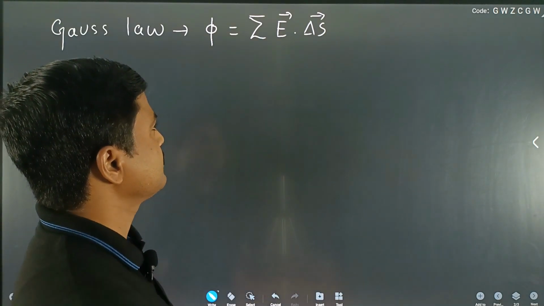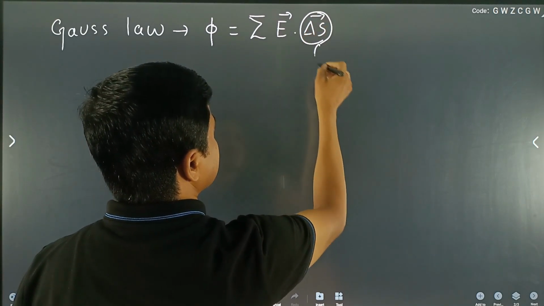And your del S vector is known as the area vector.